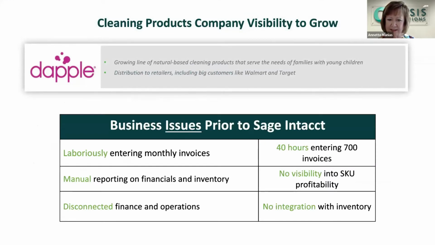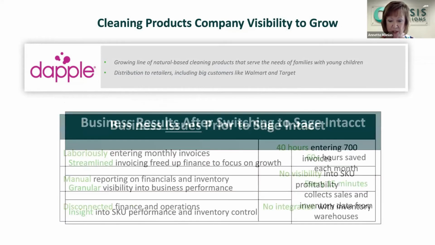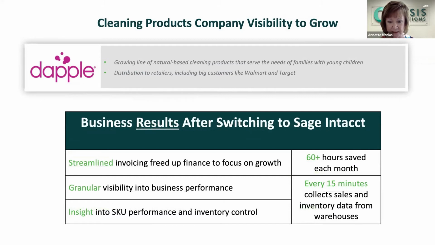So just one last thing before I turn it over to Jeff. This is an example of a customer that is a distribution company, and they went to Sage Intacct. Here are the issues. They were having trouble with their monthly invoicing, manual reporting, disconnected finance and operations, just really some struggles. Their customers are Walmart and Target, so they have to get it right.